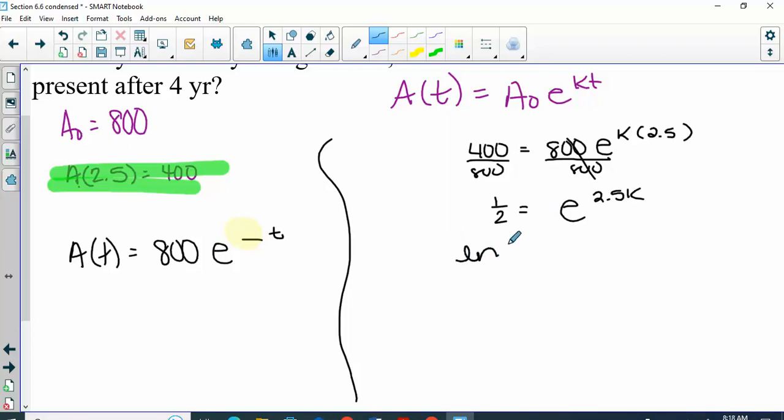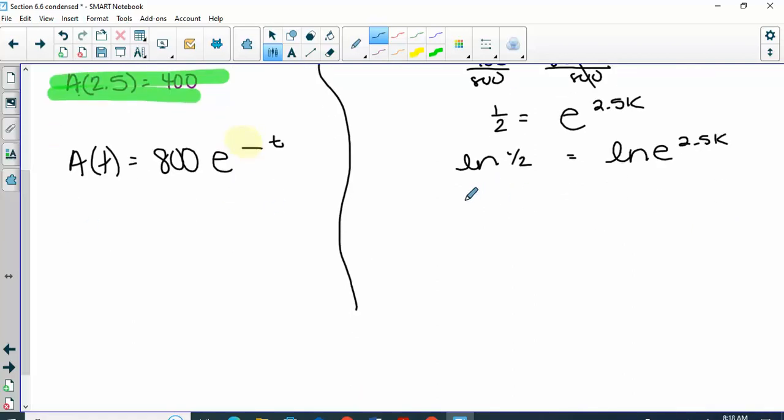Since it's an e, I'm going to write a natural log. What happens when you have a natural log of e? The natural log of e is 1, so that goes away, so I can divide by 2.5. And this is not my final answer, but it's telling me what my constant is.